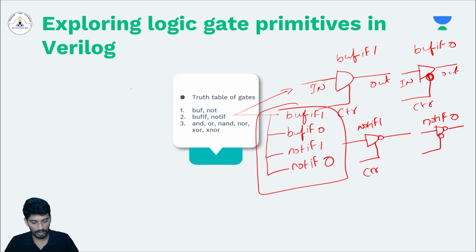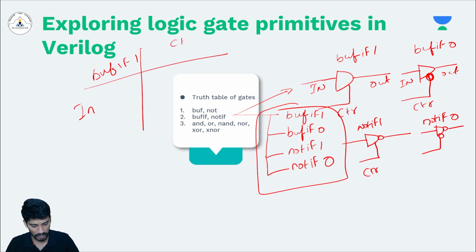So let's see the truth table of each one of them. The truth table of bufif1 will be like this. Now you have two inputs, one is input and the other is control, right? So the possible combinations are 0, 1, X and Z in case of input, and similarly 0, 1, X and Z for control. So as I told, this is a bufif1.